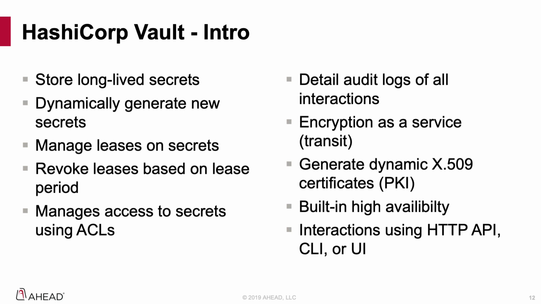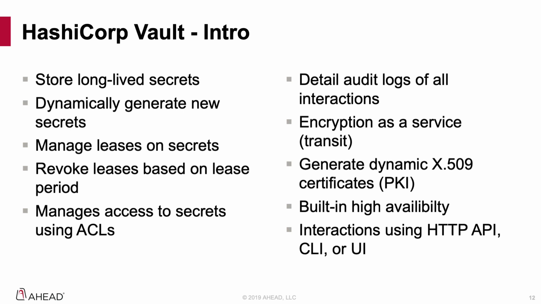If you're technical in nature and you've done certificates in the past, it's a pain in the butt to get them. Sometimes it's a manual process to generate a CSR, go to the CA, request a certificate, get the certificate back, and upload it to the system you're trying to get a certificate for. Well, by using the PKI secrets engine, you can do that programmatically and very quickly.